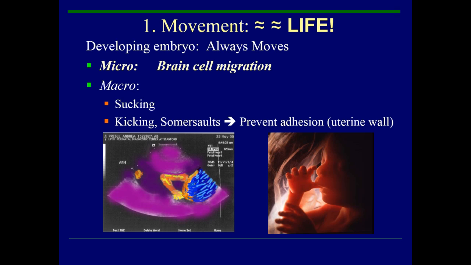Particularly when it comes to kicking, this skill is what prevents the fetus from adhering to the uterine wall. By kicking, this actually ensures its survival and growth. Otherwise, typically when they adhere to the wall, you end up with a baby that will die and not survive. Literally, without movement, the organism dies.